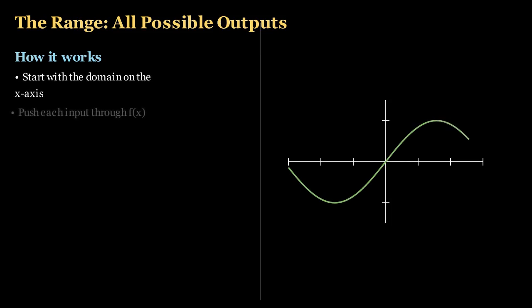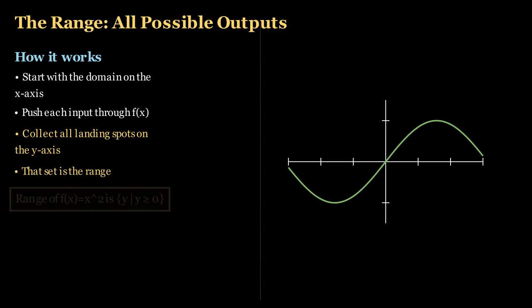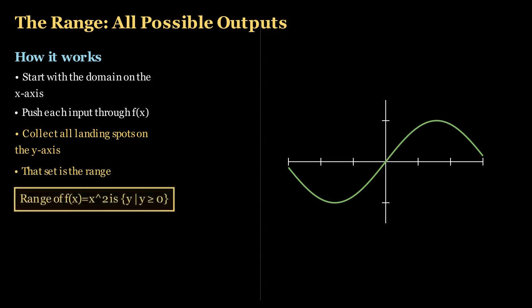A negative number squared also becomes positive. 0 squared is 0. So every input, from negative infinity to positive infinity, lands on a y value that is either 0 or a positive number. No input ever lands on a negative y value. So the range is all y such that y is greater than or equal to 0.